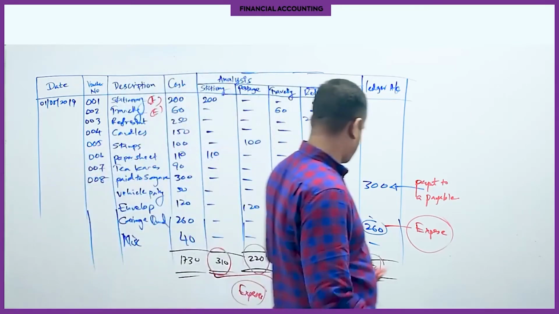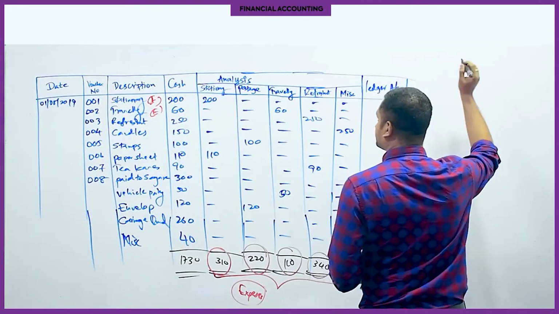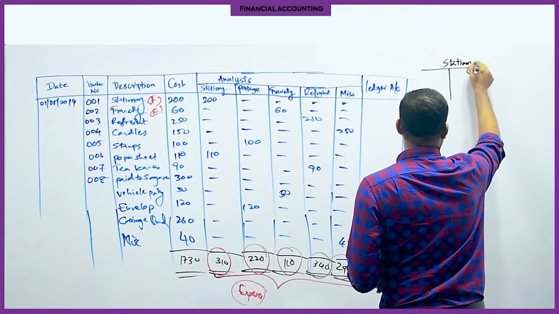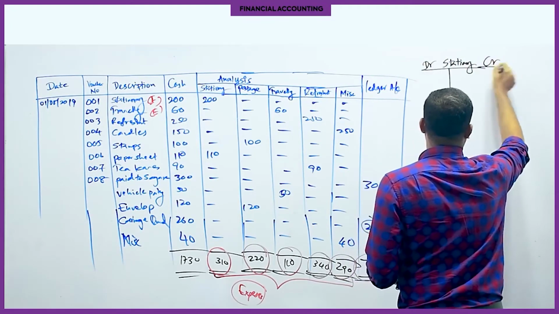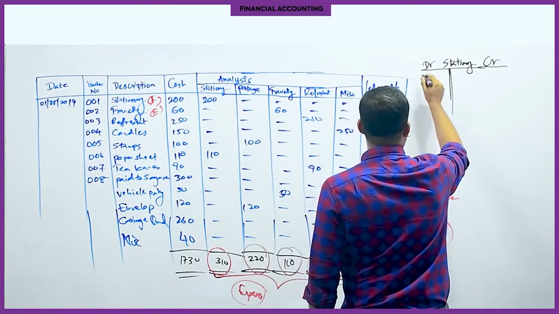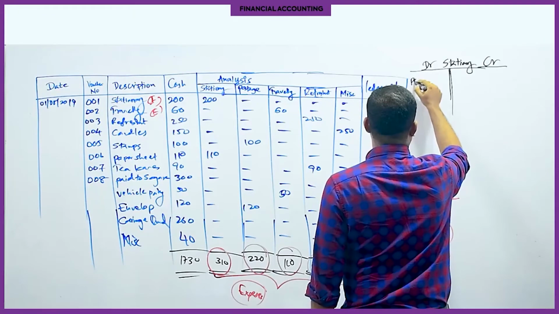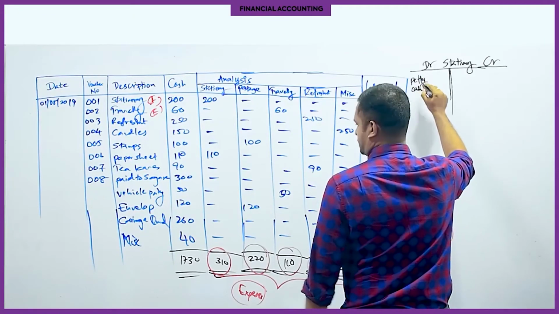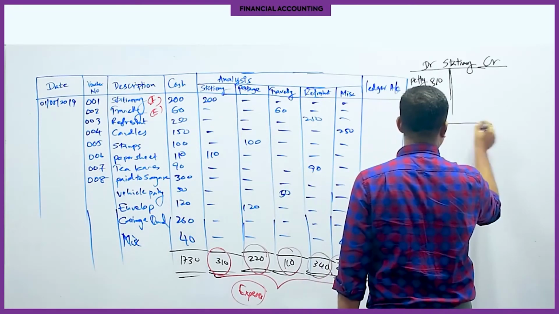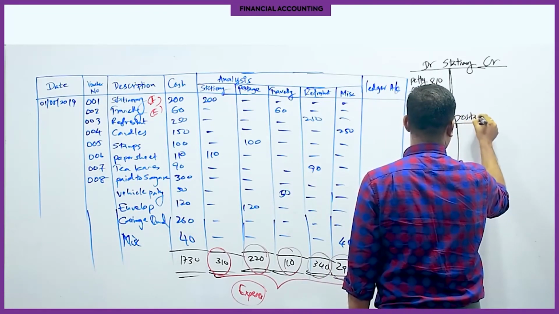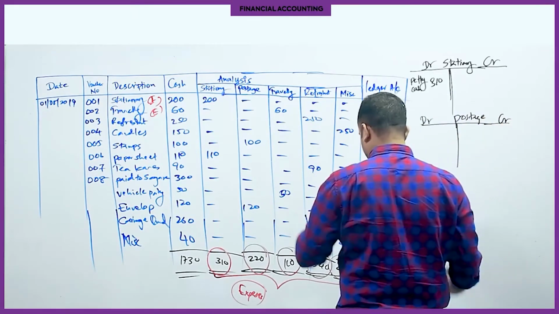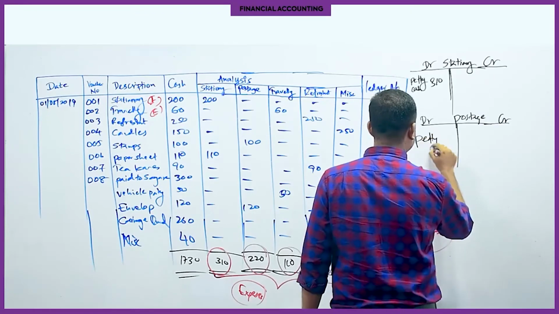So, we will draw like this: stationery, stationery is petty cash, it is 310, and postage, we know it is a debit entry, right. Why?